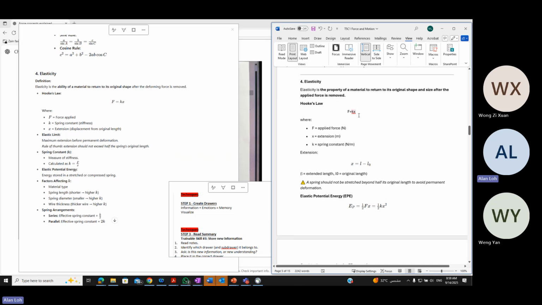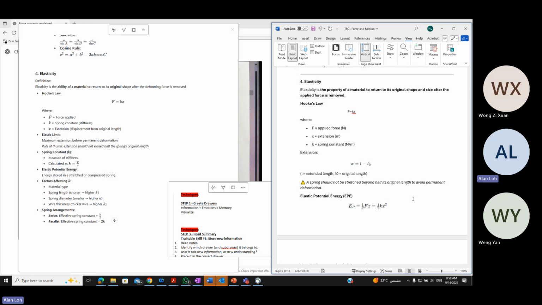Okay, let's do this. Elasticity. Okay, this is drawer number 4, the plastic woman.